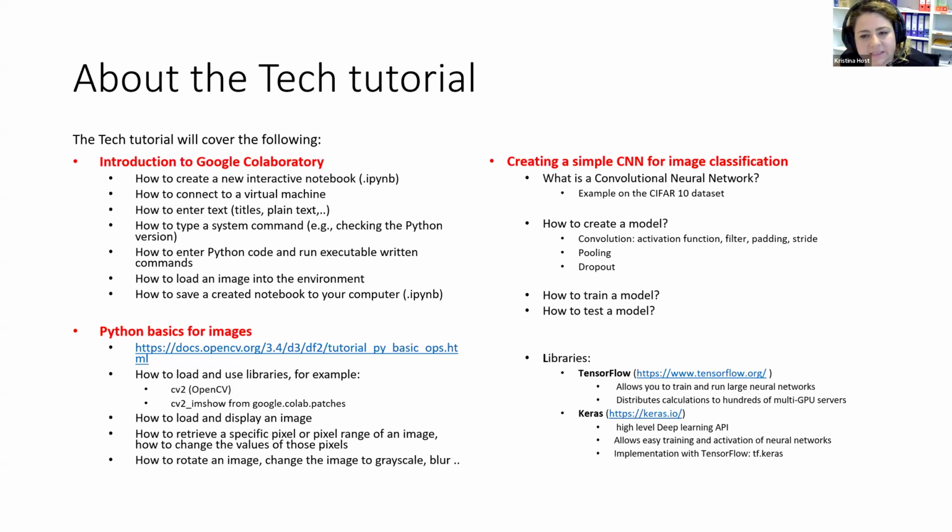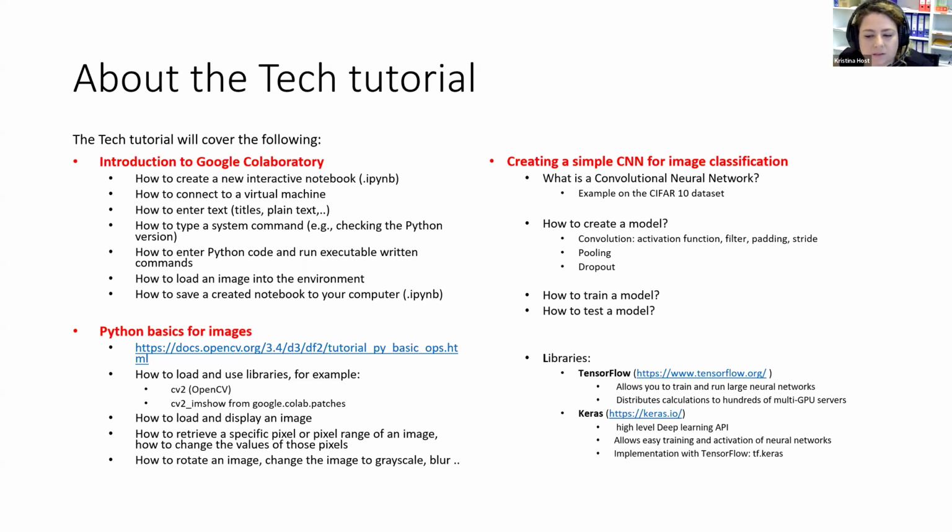And after that, we will cover convolutional neural networks on one example with the CIFAR-10 dataset. We will cover how to create a model, what are the basic terms that we need to know to implement it, how to train a model, and how to test a model.